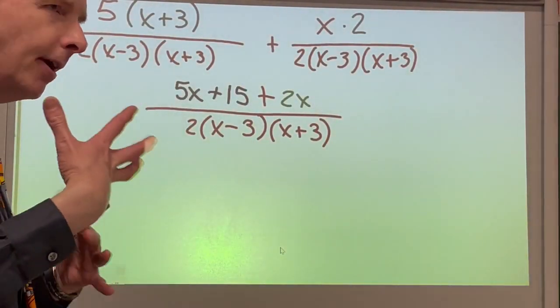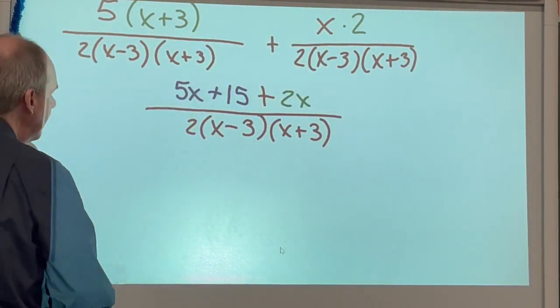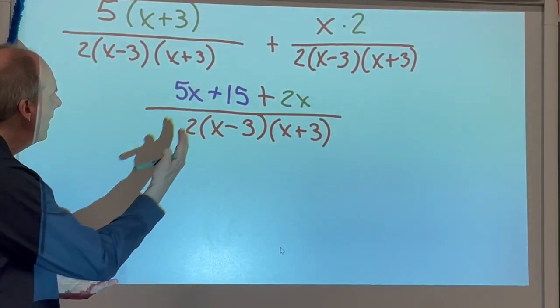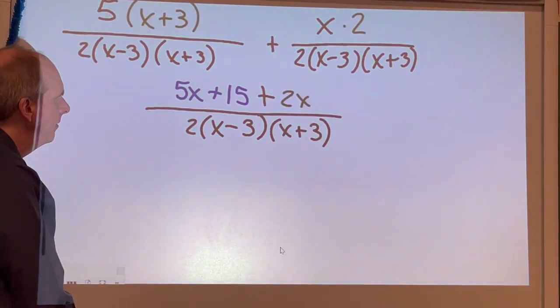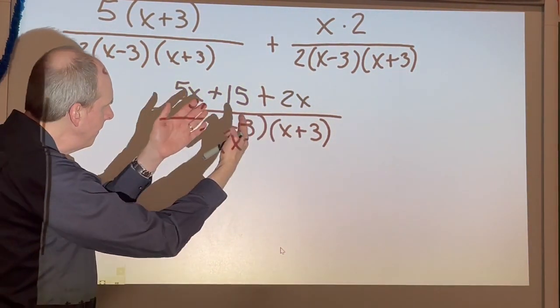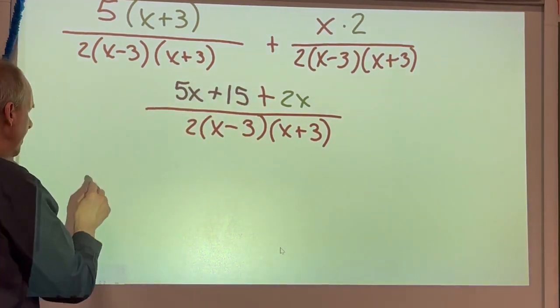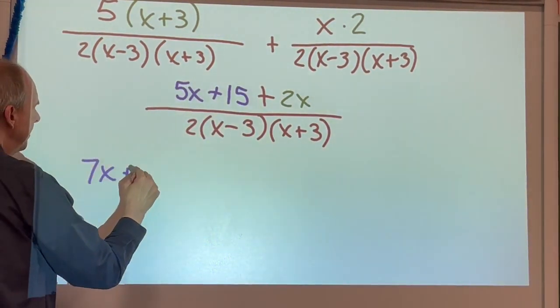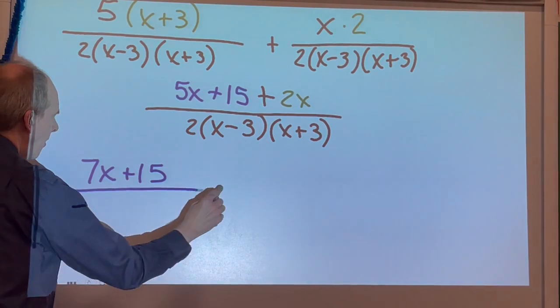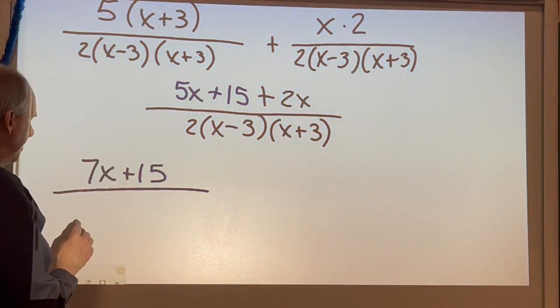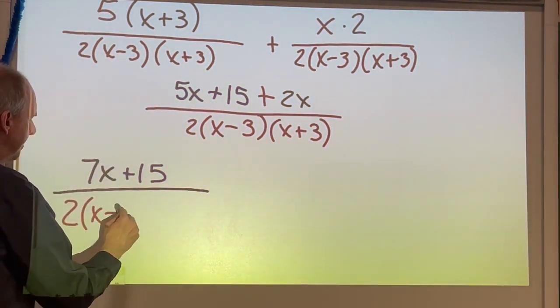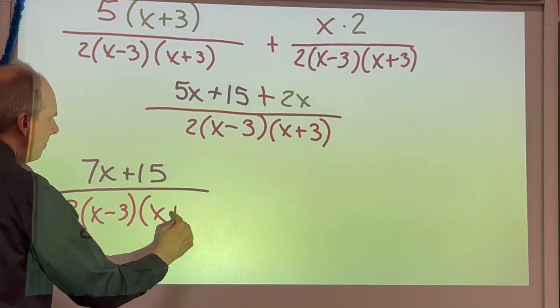I couldn't find the right word. I knew what I was thinking, I couldn't find the right word. Like terms. Well, 2x and 5x are like terms. So how much is 2x and 5x? That'd be 7x plus 15 all over my common denominator, 2 times x minus 3, x plus 3.